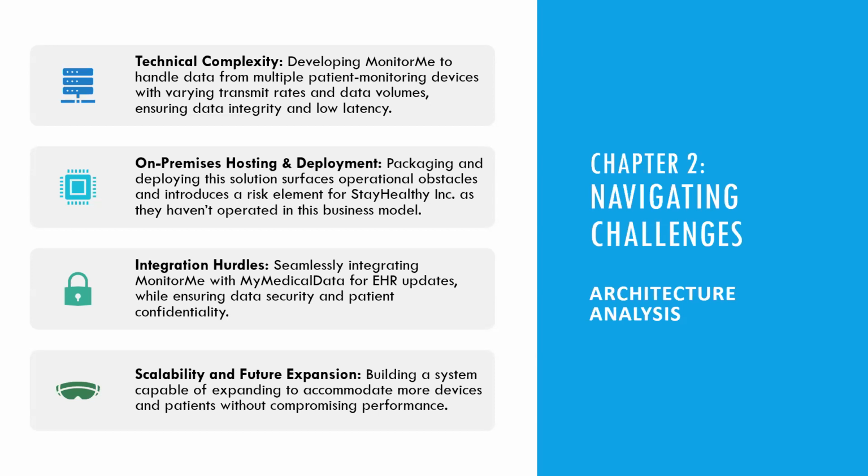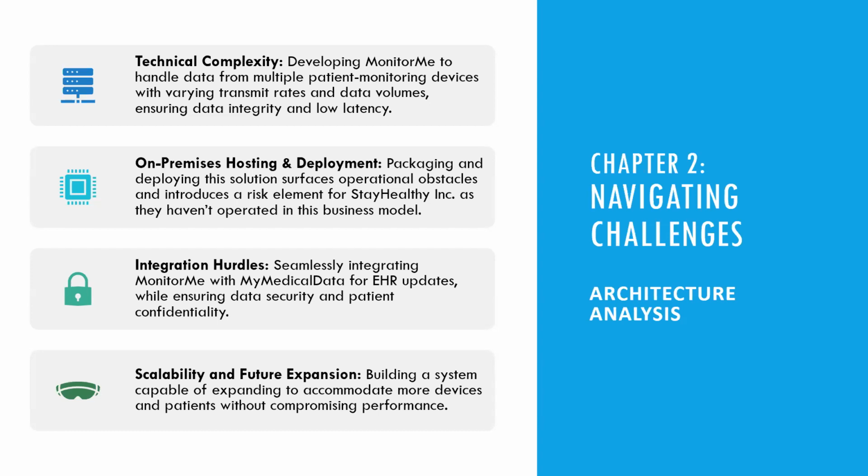Also, there were integration and interoperability requirements to consider. And finally, future scalability and future expansion considerations. These are not exhaustive by any means. We do list out the architecture characteristics, the implicit ones and the explicit ones, in the upcoming slides.